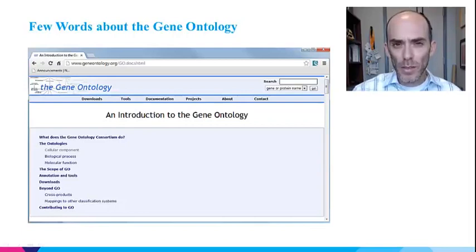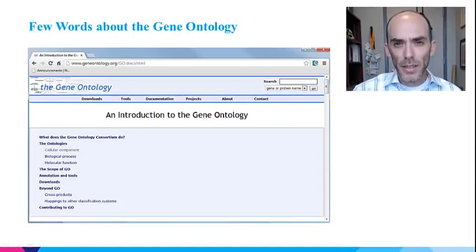So each term is associated with a parent term that is a little bit more general, and then genes are attached to those branches of the gene ontology tree, where the root of the tree is either a cellular component, biological process, or molecular function.